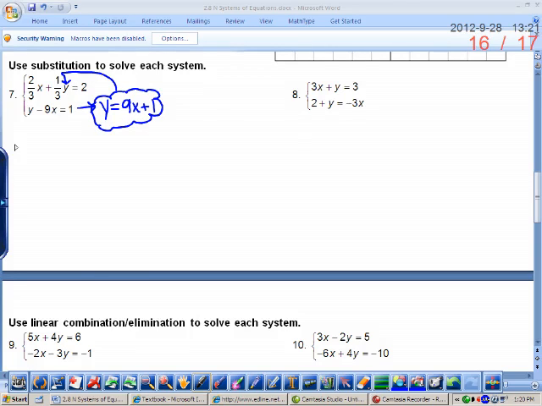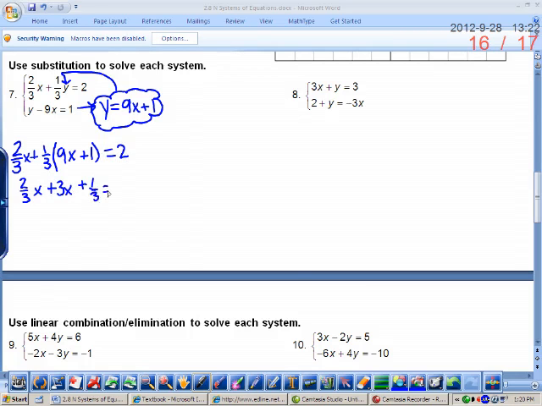So I'm going to have 2/3 x plus 1/3 y, and y is now represented by 9x plus 1. So I get 2/3 x. What's 1/3 times 9x? Plus 3x.